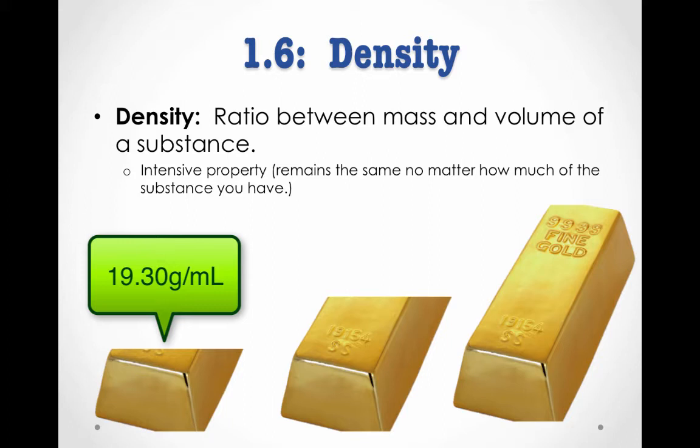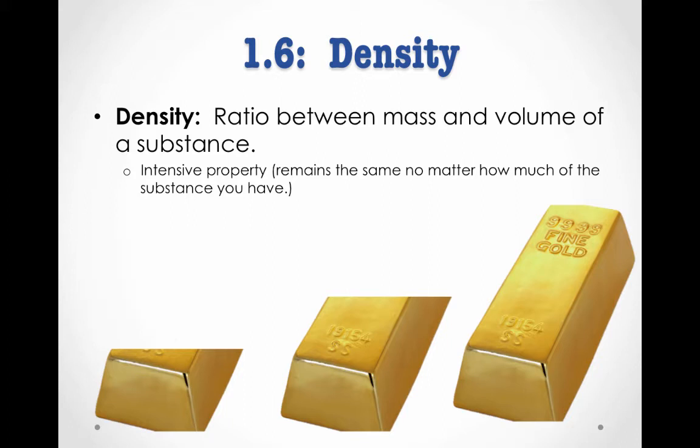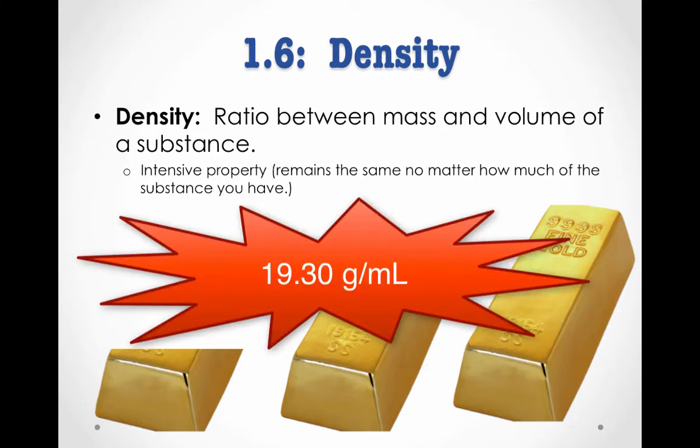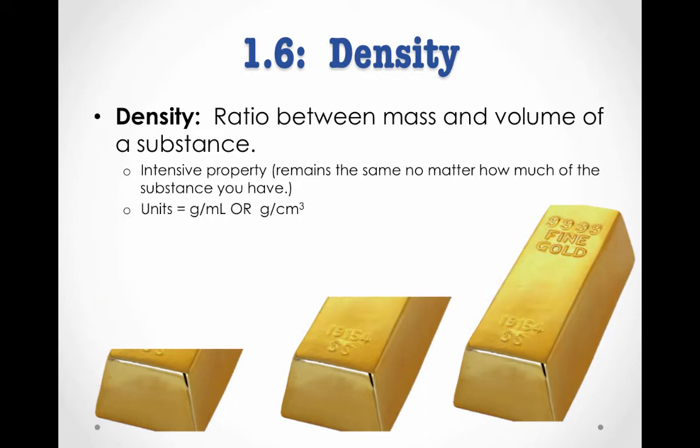In other words, no matter how much gold you have, you will have 19.3 grams for every milliliter of gold. And you might have noticed from that example that the units for density are generally grams per milliliter, or grams per cubic centimeter. As you may recall, milliliters and cubic centimeters are the same thing.